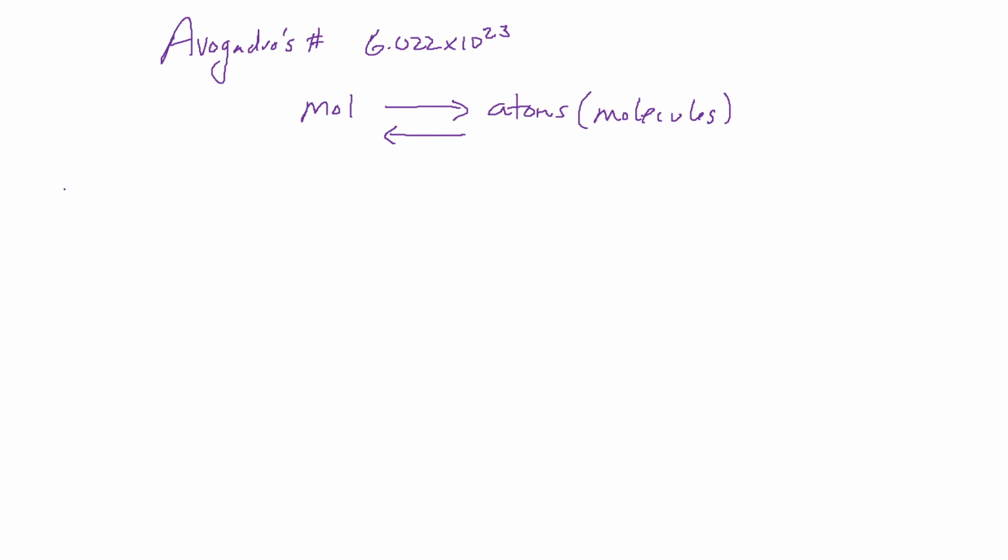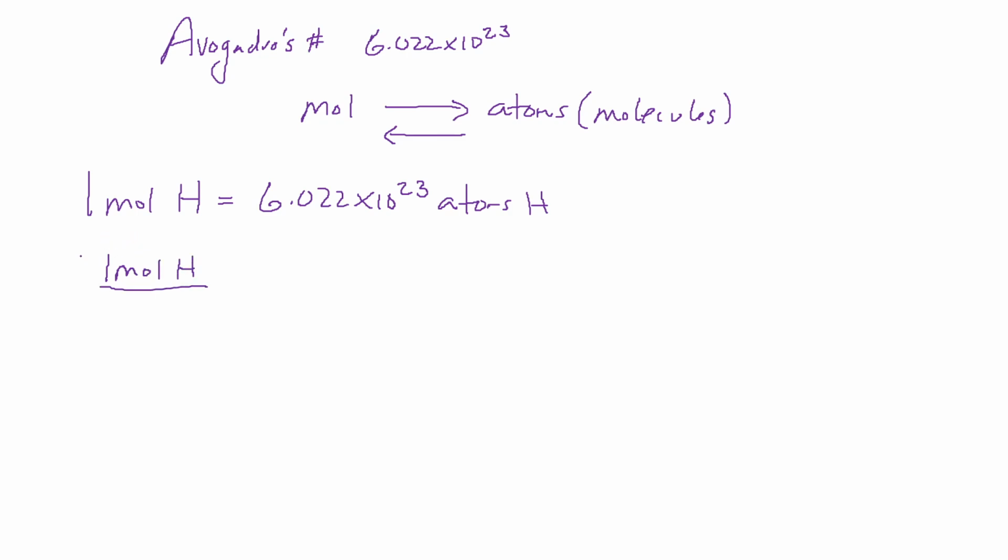So for example, if we had 1 mole of hydrogen, that would give us 6.022 times 10 to the 23 atoms of hydrogen. So that is an equality that means you could write two conversion factors to use: 1 mole of hydrogen over 6.022 times 10 to the 23 atoms.